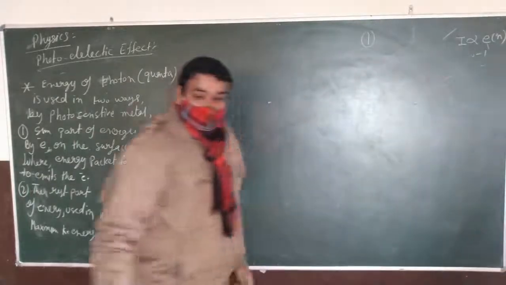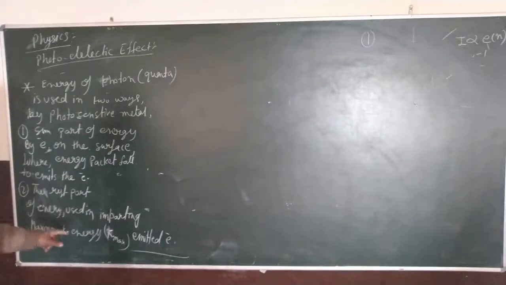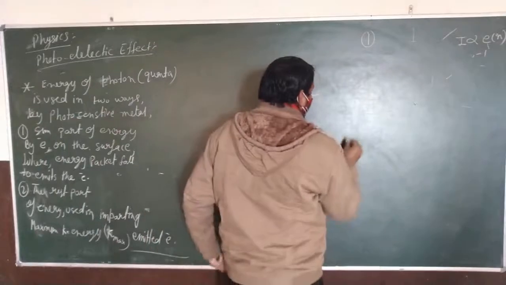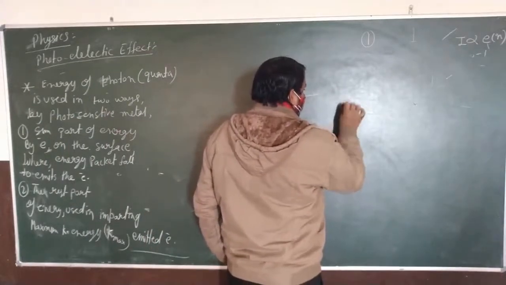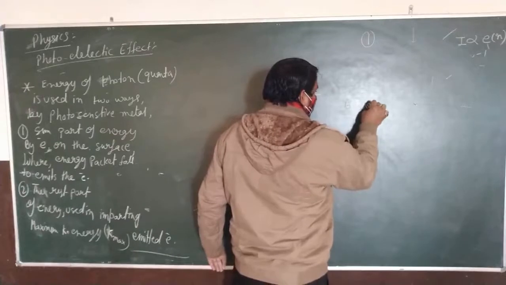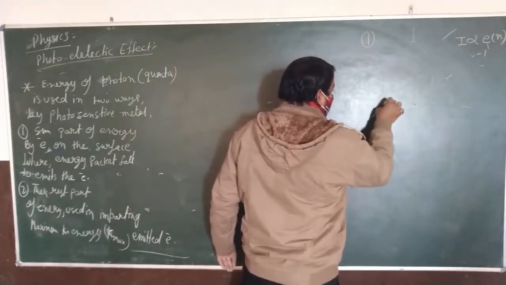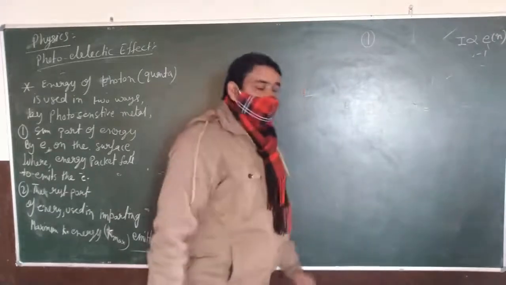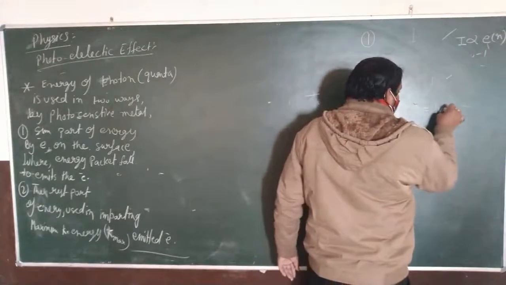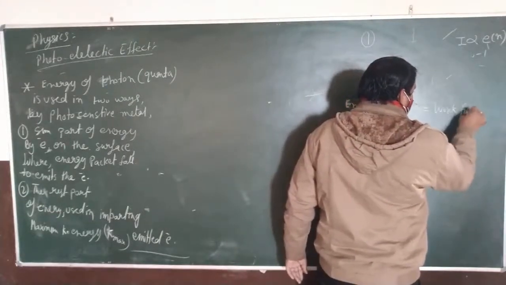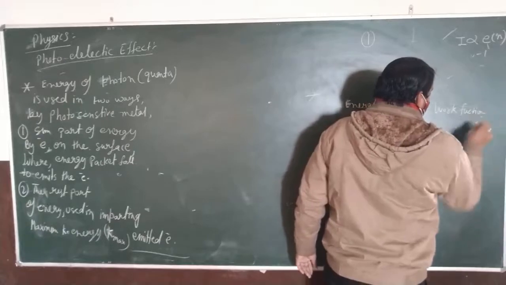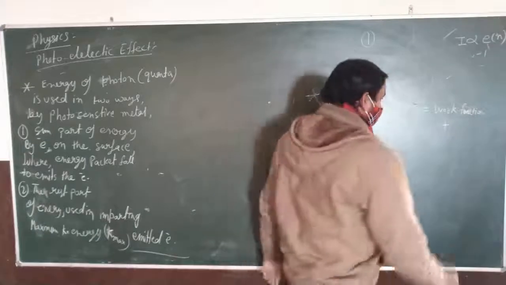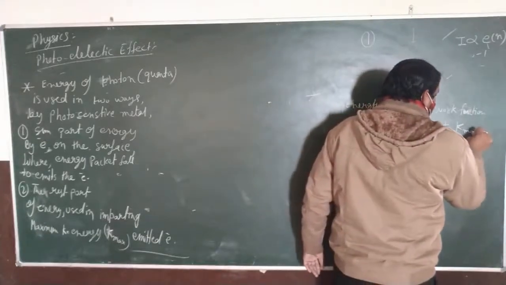So on the basis of this, Einstein gave an equation, that is, energy of photon is equal to work function plus maximum kinetic energy.